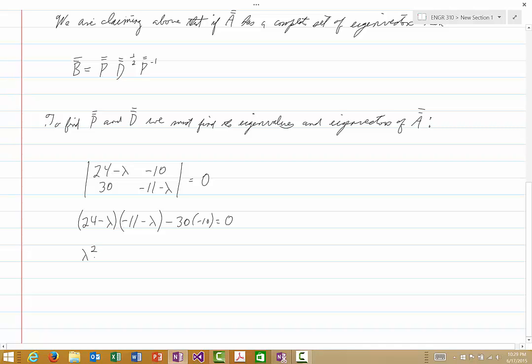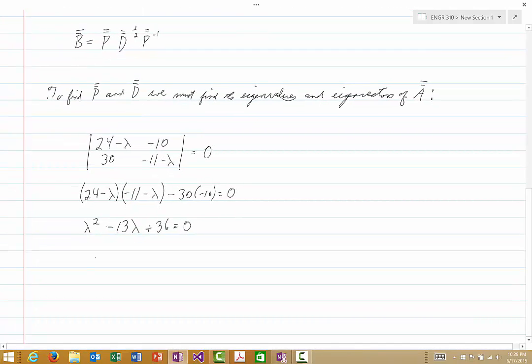So we get lambda squared, and then negative 24 lambda plus 11 lambda, so minus 13 lambda, and then minus 264 plus 300, so that's plus 36, equals 0.